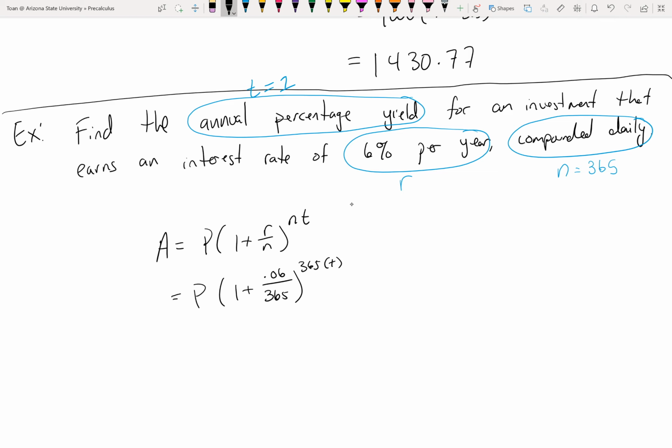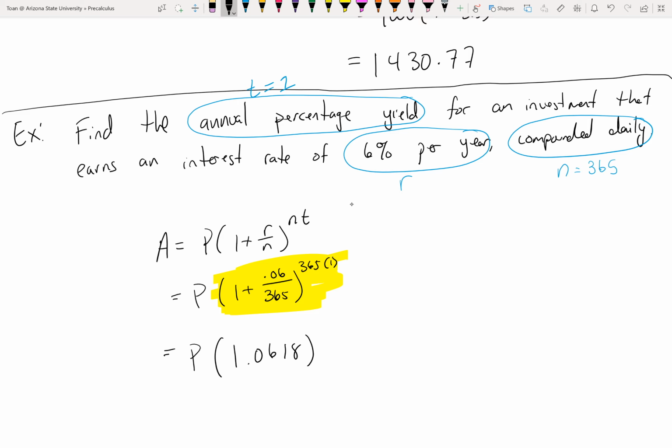So what you want to do is, in your calculator, type all this stuff in without the P. Oh, that shouldn't be a T, that should be a 1. You want to type all this into the calculator because the thing that I'm highlighting is just numbers. There's no variables. So that should give you a number.